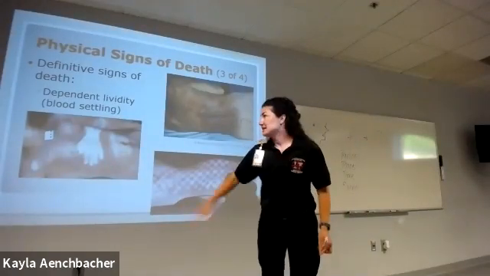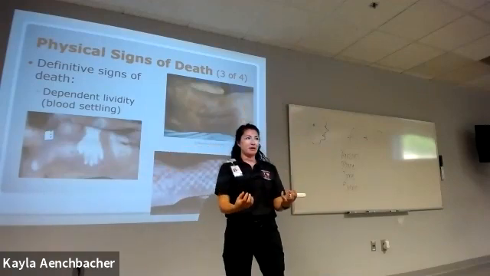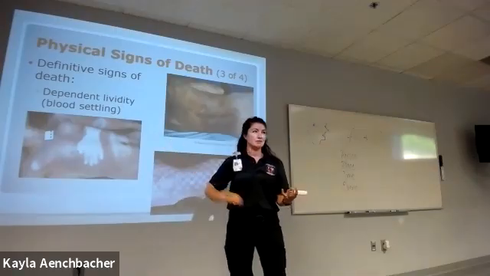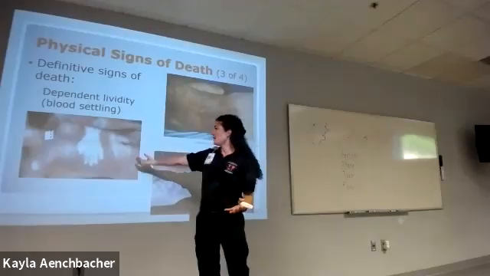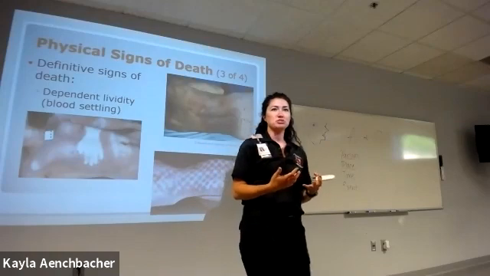All right, because again, what's going to pull this blood to this area of the body to make this color present? Gravity. Right? So gravity is going to be pulling this blood to where it has this purplish, blackish, bluish color.